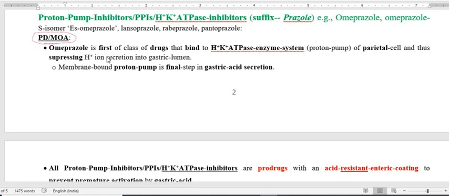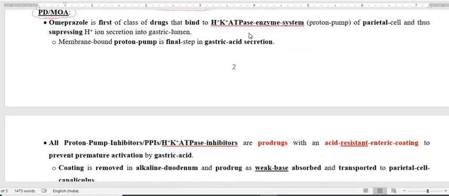A simple way to define the mechanism of action is that the proton pump inhibitors like omeprazole, esomeprazole, lansoprazole, rabeprazole bind with the enzyme and inactivate it. Therefore there is no efflux of hydrogen ion, and no formation of hydrochloric acid occurs. But if you want to go through the broad mechanism of action, then we have to go through that one.